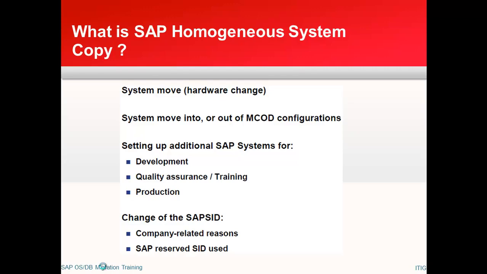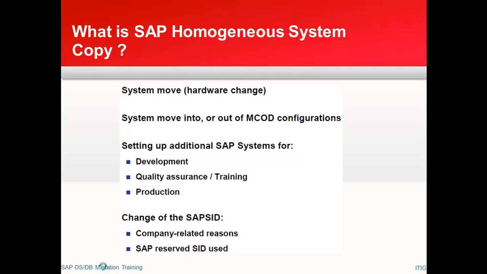And finally, when we are changing the SAP SID. SID basically stands for the system identification, which is the unique identification that describes the SAP system. It is a 3-letter code. For example, for the development ECC system, you can go for EC1, EC2, or DE1, DE2.